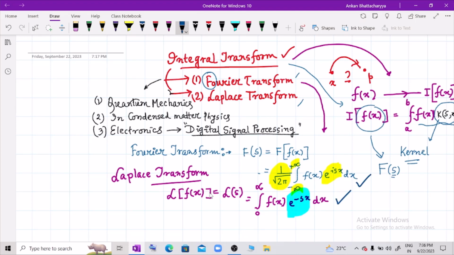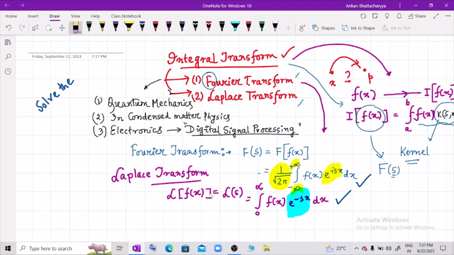Now, one of the important applications of these two integral transforms is to solve the ordinary differential equation, ordinary and partial.